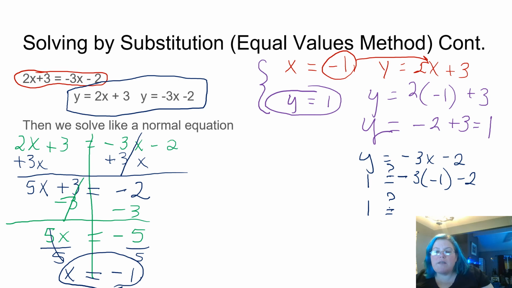So negative 3 times negative 1 is positive 3. Positive 3 minus 2 is positive 1. 1 does equal 1. This definitely works.